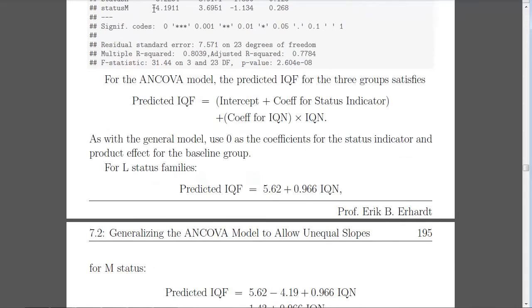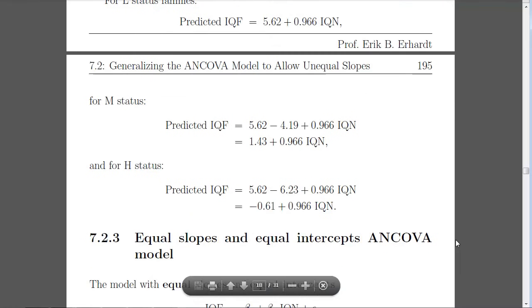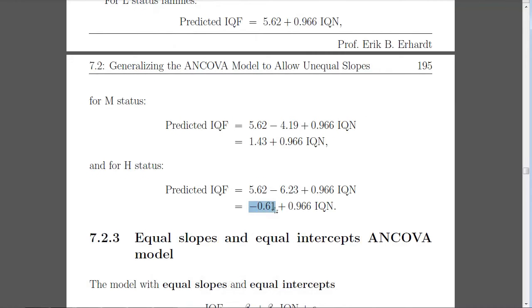Okay, so the medium group offset is negative 4.19. So that's the intercept for the low group. This is the offset for the medium group, and when you combine them, this then becomes the predicted intercept for the medium group. Same slope though, right? This is the equal slopes model. And then same thing for the high group. Here's the offset, you combine, and there's the intercept for the high group.